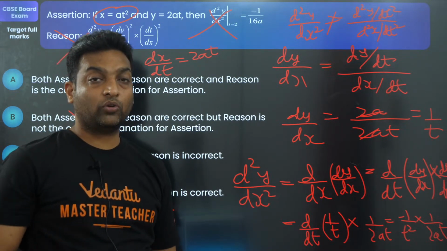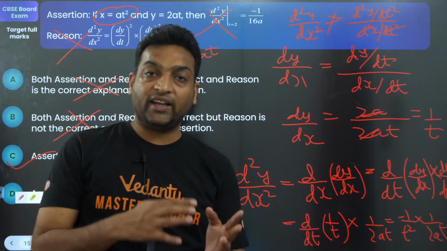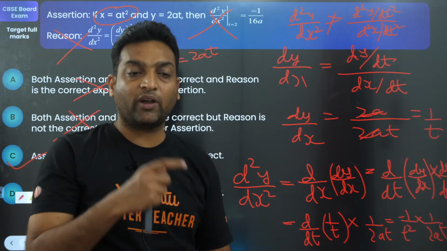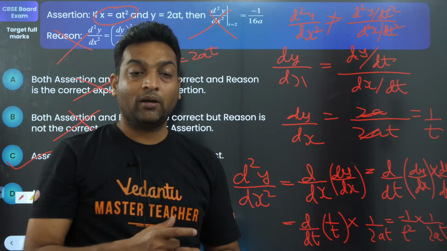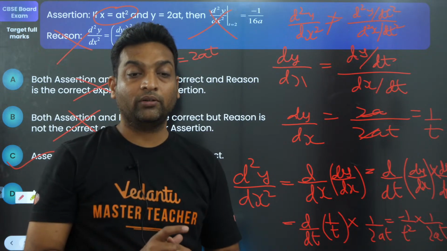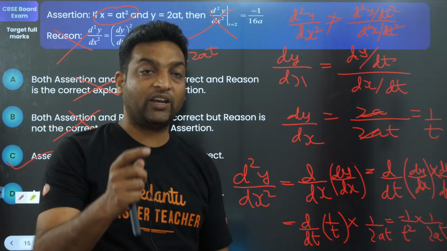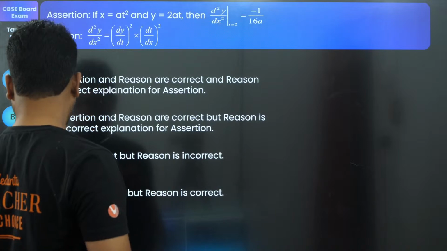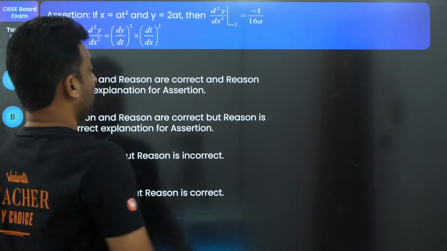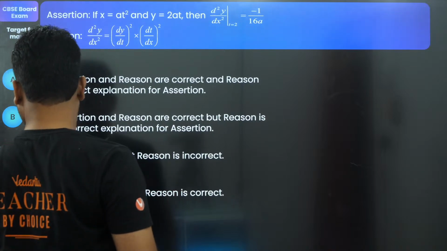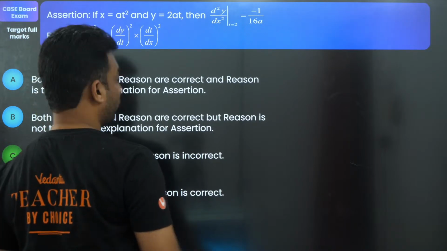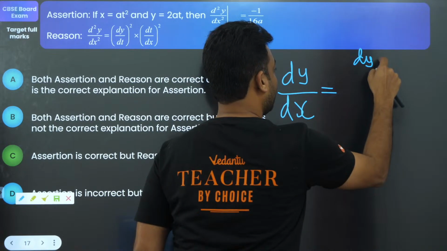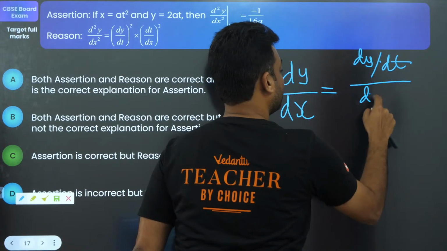Got it? What you have to understand is, in single derivative for parametric you can directly divide: dy by dx is equal to dy by dt divided by dx by dt.